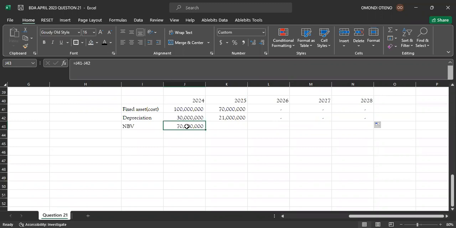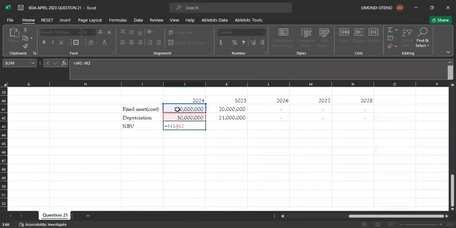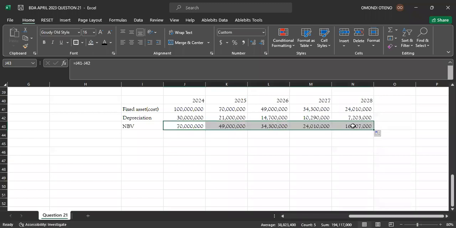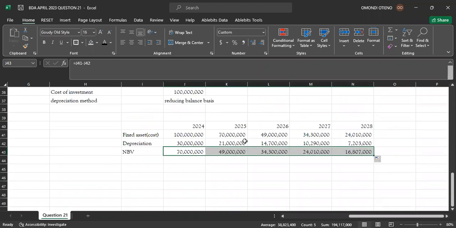If I look at my 70 million, I was getting it by taking cost minus depreciation. That formula is there, so why can't I just autofill all through to get everything correct? So I've now gotten my net book value and my depreciation for 2024 to 2028.